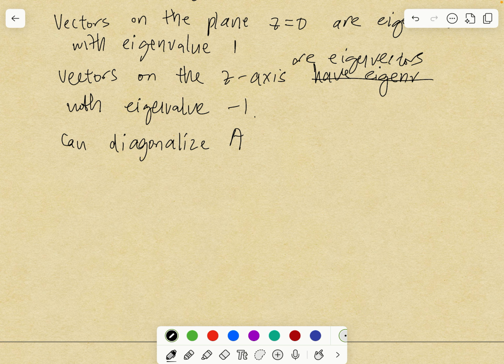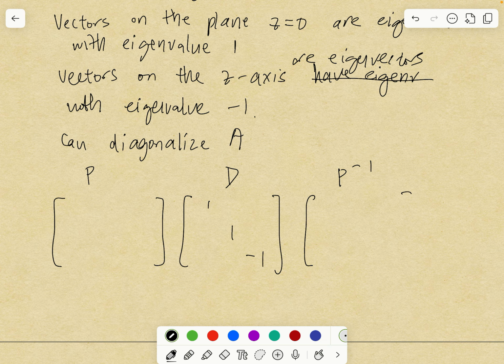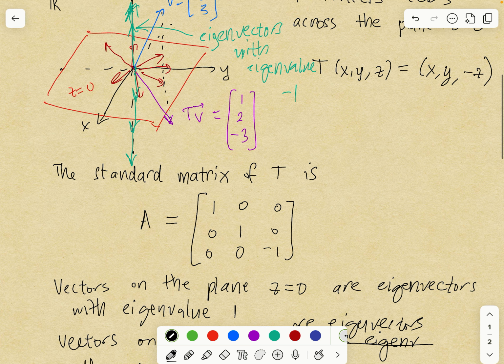So what could we have as P? So this is our D, it's 1, 1, negative 1, and then whatever P inverse is, P will consist of independent eigenvectors of the eigenvalues, right? If I want my D to be 1, 1, negative 1, I'm just writing in descending order, then I want the first two columns to be independent eigenvectors with eigenvalue 1. Well, those are just vectors on the plane.